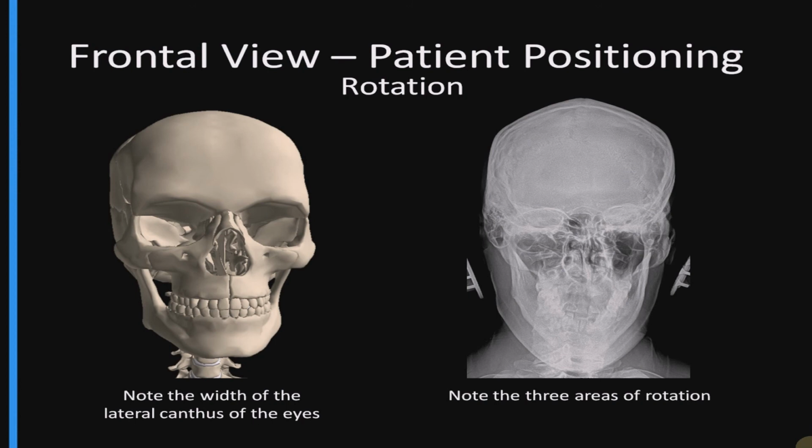If you look at this patient positioning, and we were to observe that the canthus is more narrowed on one side than the other, then if we were to look at the actual film, we could see the canthus is more narrowed on one side than the other.